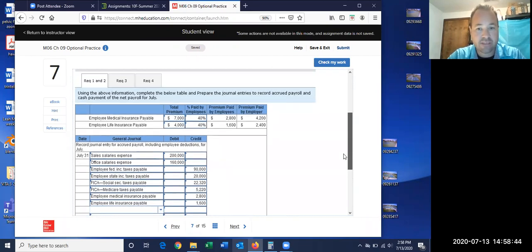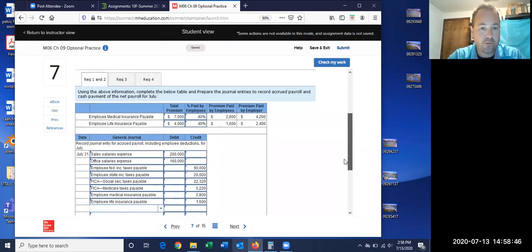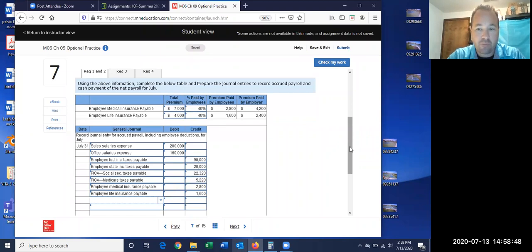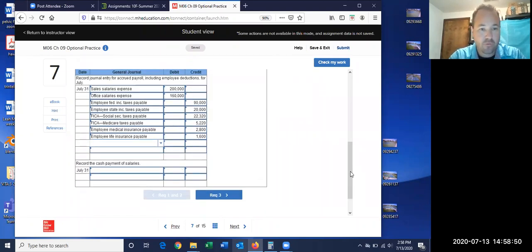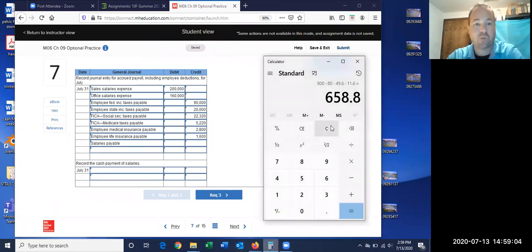All of this, it says it was accrued, and then we're going to pay it later. So we're going to show first that we have some kind of a wages payable. Let's call it a salary payable. Yeah, there we go. And let's see how much we owe them. If we add these two together, that's 360,000.